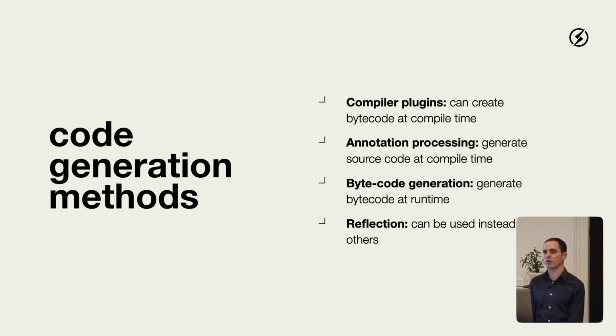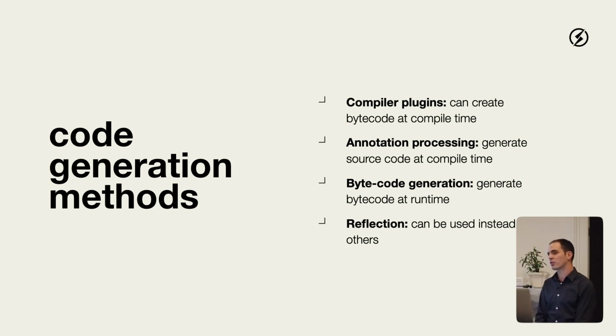If you use Android Kotlin Android extensions, there are two parts implemented as compiler plugins. One is that if you have a Parcelable class, it can generate the implementation for you. And also, maybe this is in the second talk, there is a compiler plugin which can generate view accessors for you. Then we have annotation processing, our main topic for this talk.